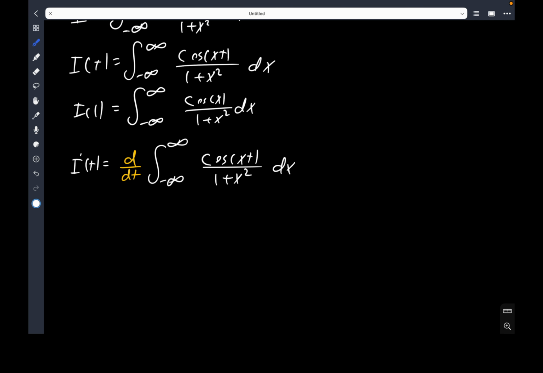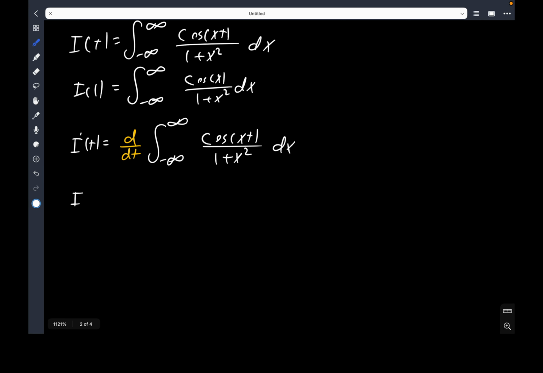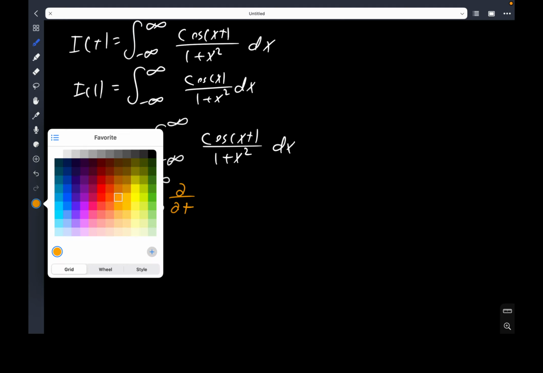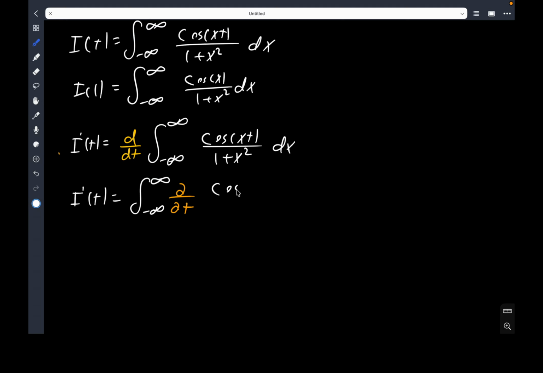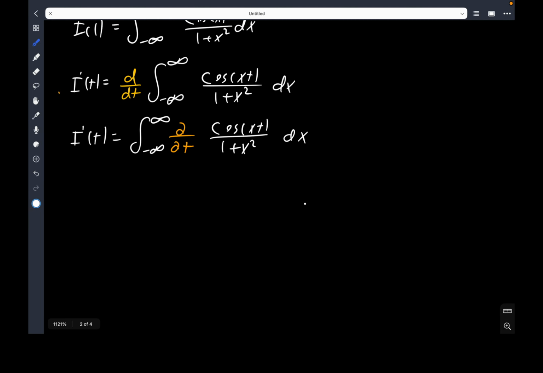According to Leibniz rule of integration, the derivative goes inside, and I prime of t becomes a partial derivative, partial t of cosine of xt over 1 plus x squared dx. When we're taking a partial derivative with respect to t, we consider x constant, and we just take the derivative of the terms that have a t in them.